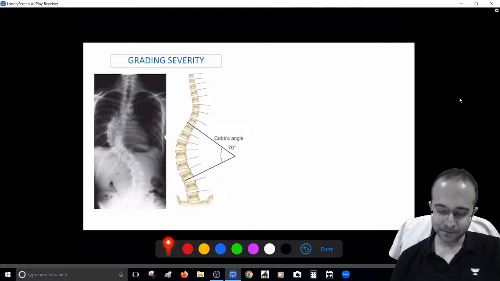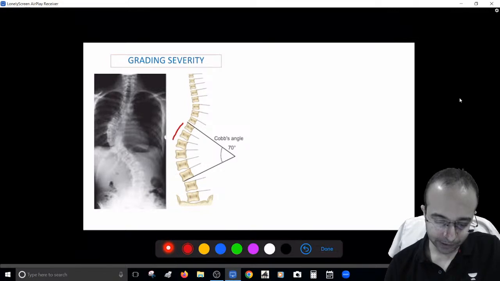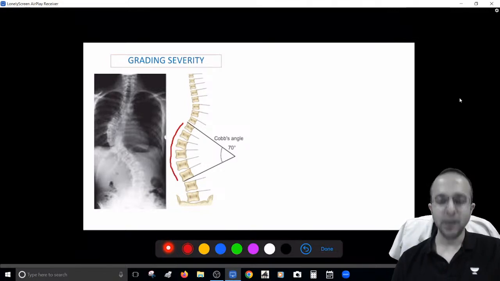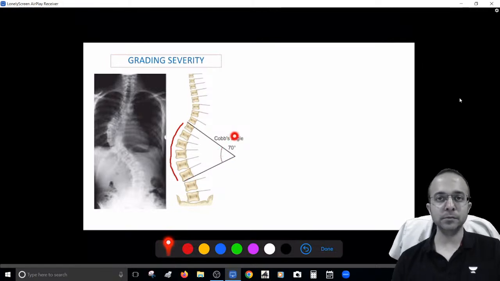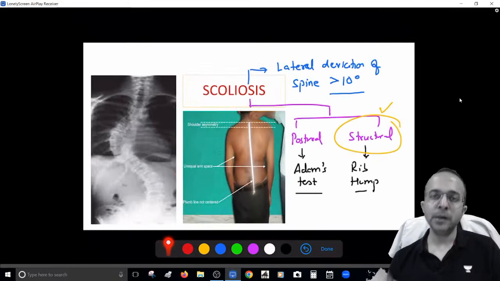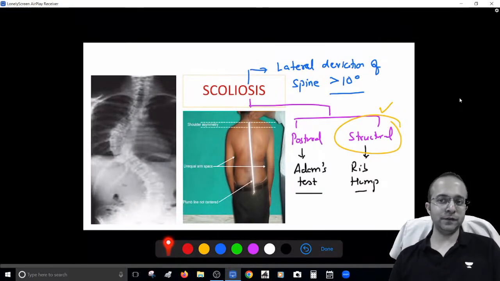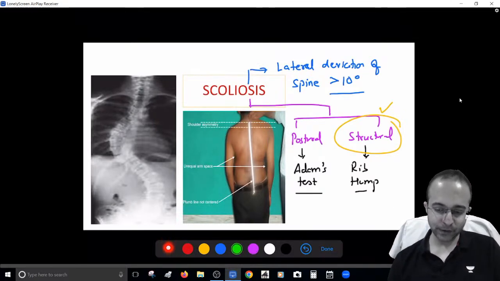What's Cobb's angle? First, identify the curve. Now, draw a line along the topmost vertebra, and draw a line along the lowermost vertebra of the curve. The angle between these lines is what you call Cobb's angle. In fact, even the definition of scoliosis is based upon Cobb's angle.